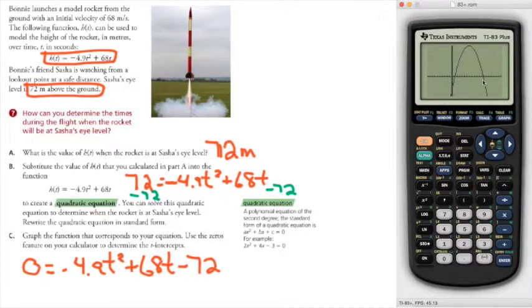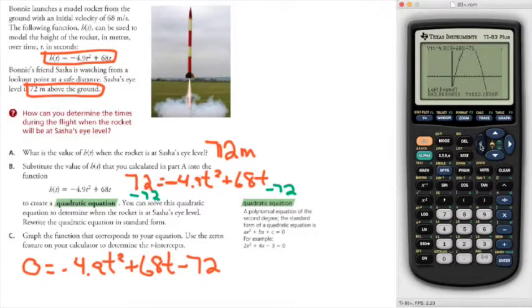So now to find the zeros, we have two things we have to find. This one on the left and this one on the right. It'll be the same process each time. We're going to go to second trace. We want option 2. And the calculator is going to ask us a couple of questions. Left bound means we have to move to the left of the point. Well, right now it's up near the top, which is not to the left of our left point.